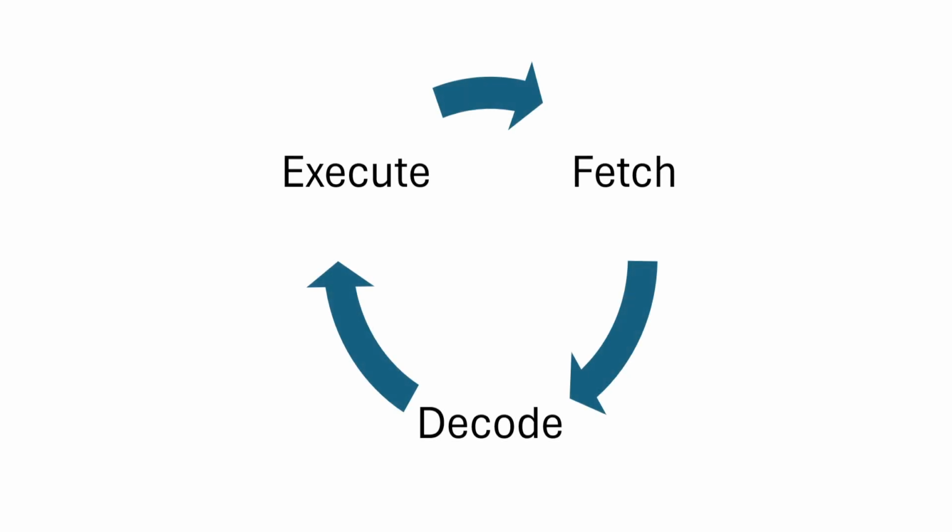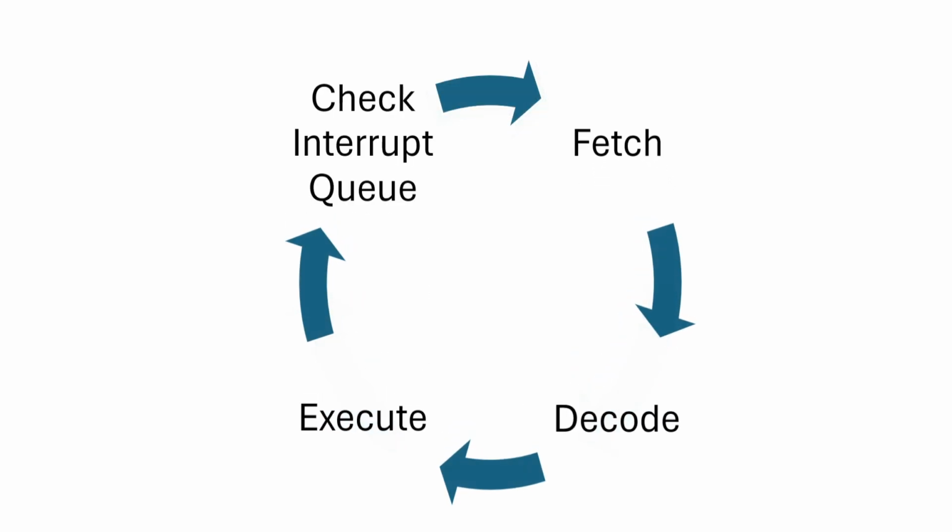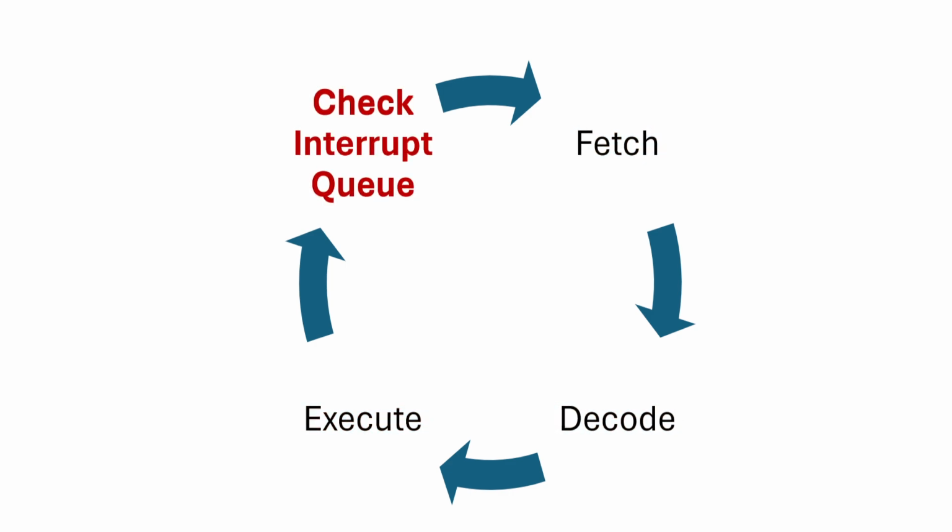So what we need to do is extend our understanding of the fetch, decode, execute model. After we finish the execute, we need to do a further task, and that is to check the interrupt queue. So let's look at an example. We fetch, we decode, we execute, and then we check the interrupt queue.